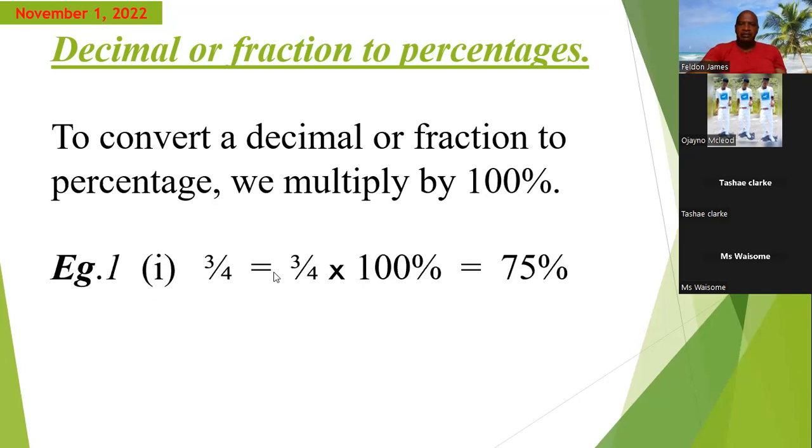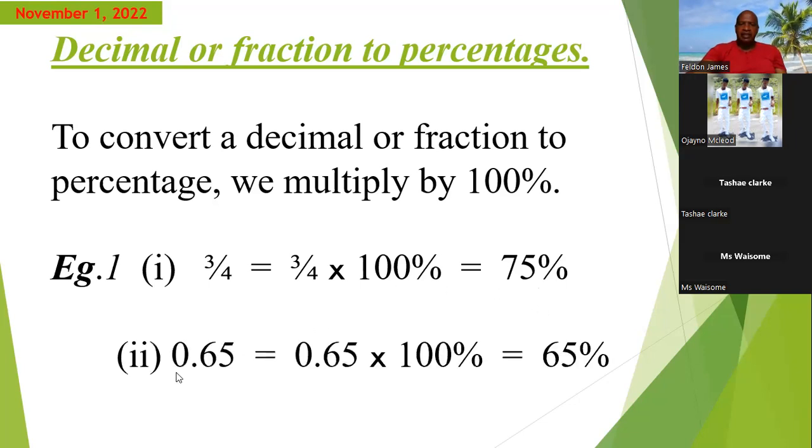So here we have 3/4 times 100 gives you 75%. And we have 0.65 in decimal times 100 gives you 65%. When you multiply decimals by 100, it's pretty easy to work out.